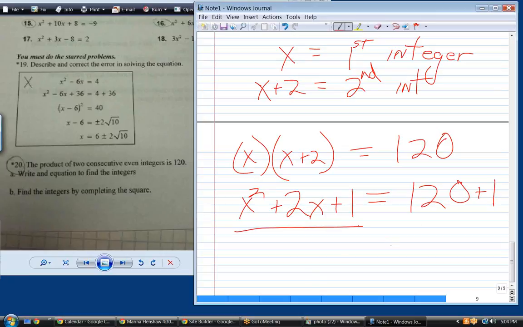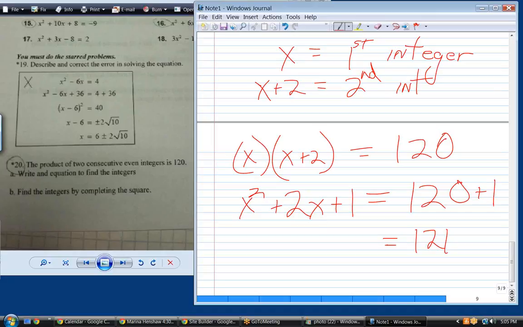How? Remember, the whole point of completing the square is to be able to restate this as a binomial squared, so that I can then take the square root of both sides of the equation and solve for x.